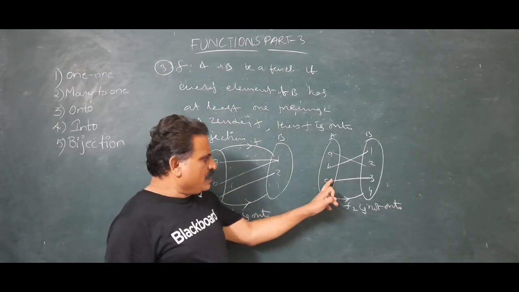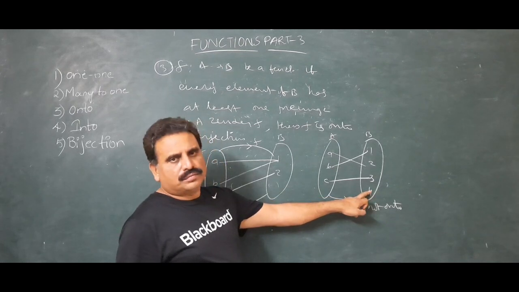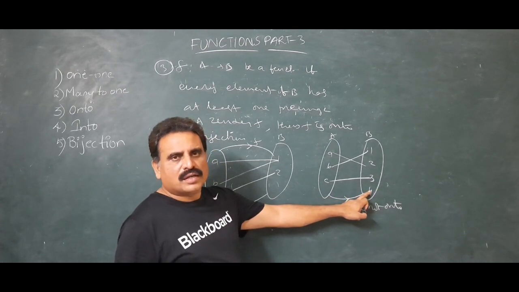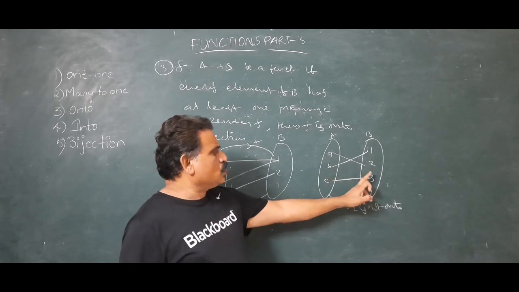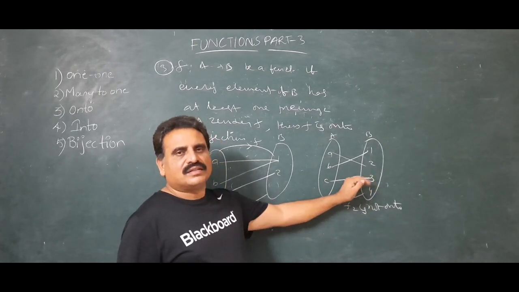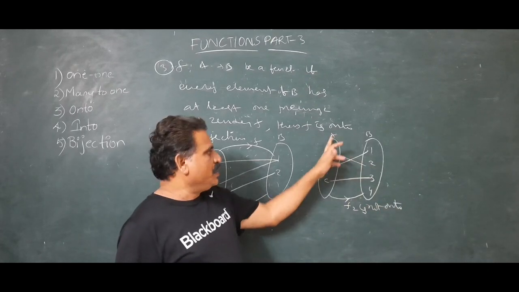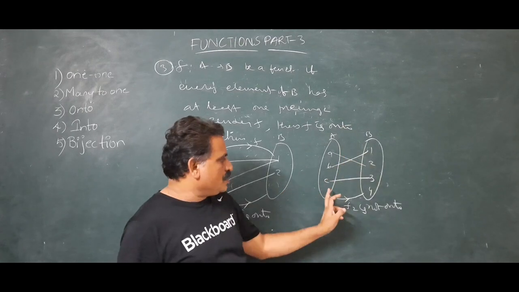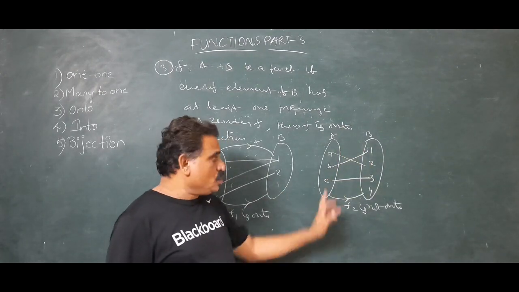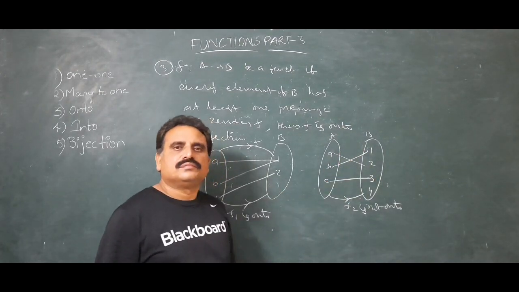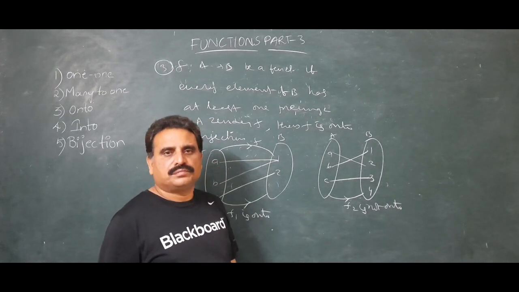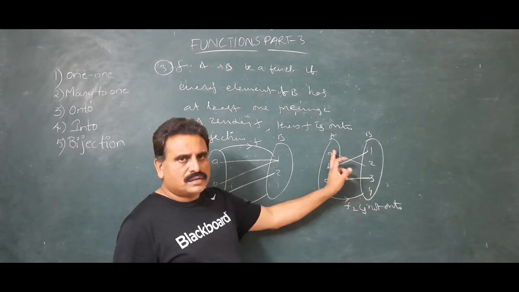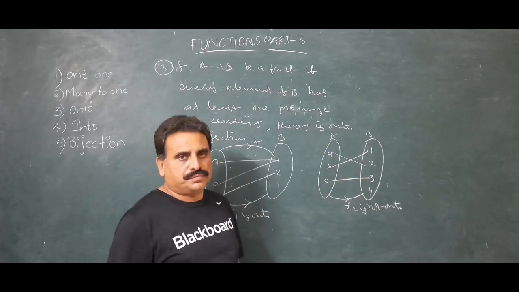My doubt is, if c joins 4, is it onto? No, because c has two images. That is not a function. Every element in A has only one image, then that is a function. If you join 4 to anyone in reverse, that is not a function.